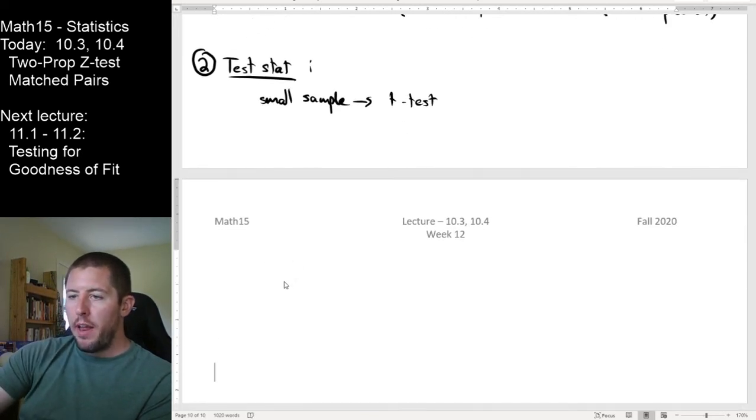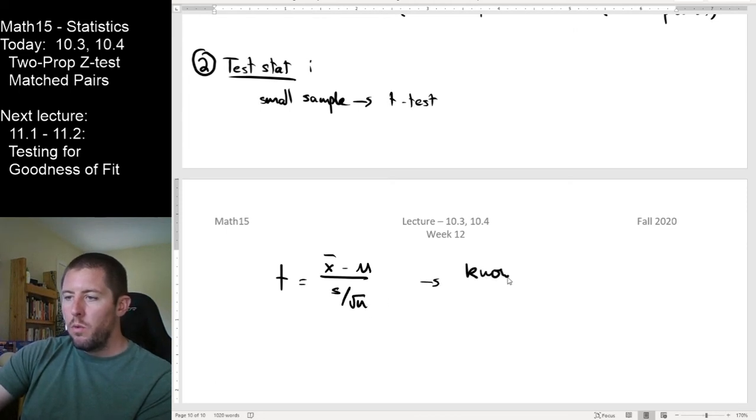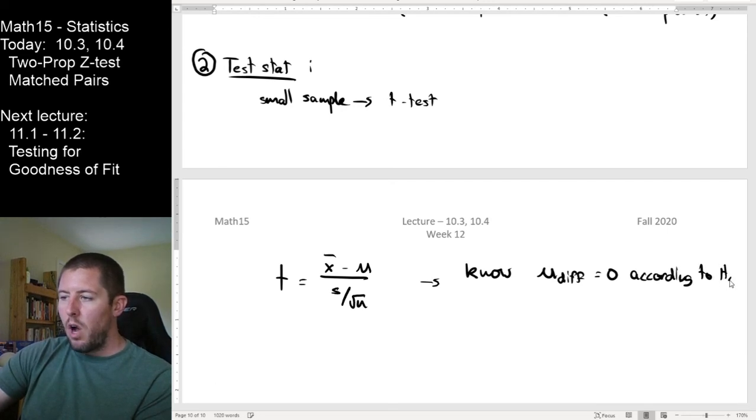So I know that I'm going to compute t equals x bar minus mu over s over root n. We know mu is 0 according to the null hypothesis. We're always assuming the null hypothesis is true, letting that take us to a crazy place if it's wrong. We also know that n is 13. Need x bar and s from the diff column.